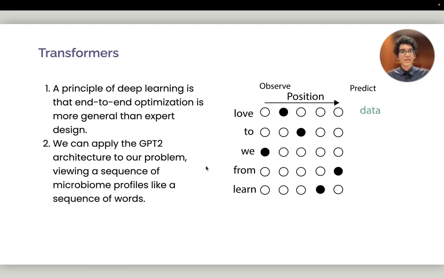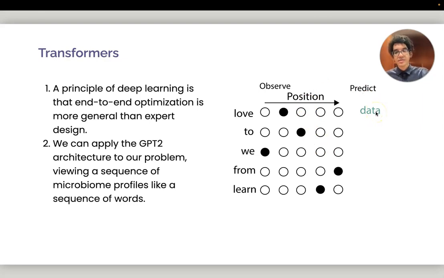Okay. Now, it maybe is not totally obvious, but you can apply GPT to this kind of data as well. So if you think back to how classical transformers work, they're doing some sort of representation where they take the words, they first one-hot encode them. So here it would be like, we love to learn from. And then given some sort of representation of these one-hot vectors, it can make a prediction of the next word.